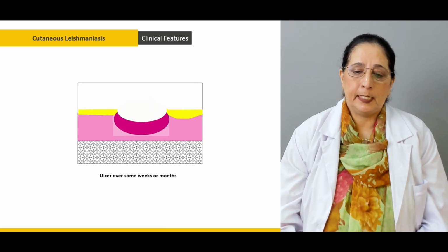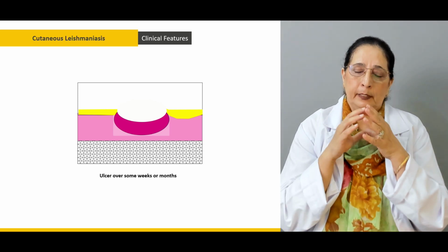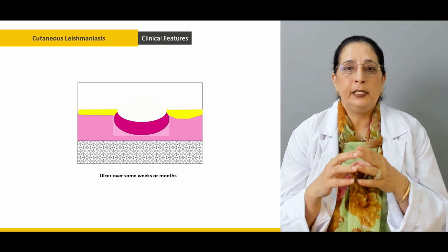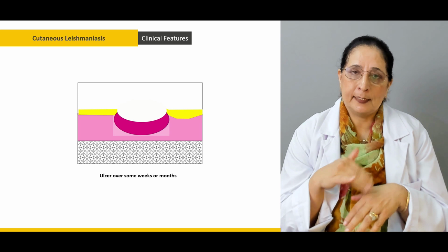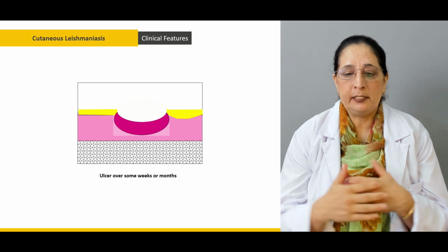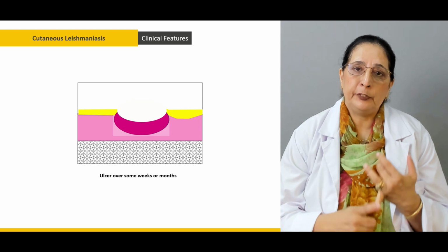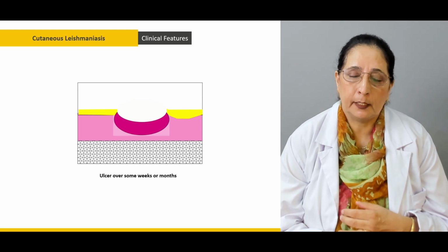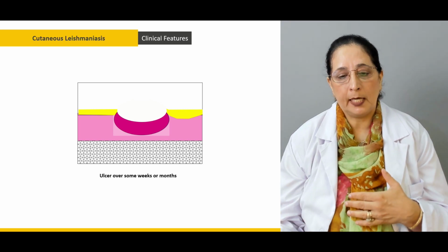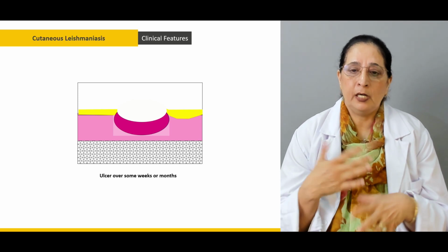Then it becomes the ulcer over some weeks or months. So first it's papule, then it becomes the nodule, and then the nodule becomes the ulcer. There is ulceration, an actual lesion you can see at the site after some weeks or months. An ulcer is a lesion which is eroded or ulcerated.